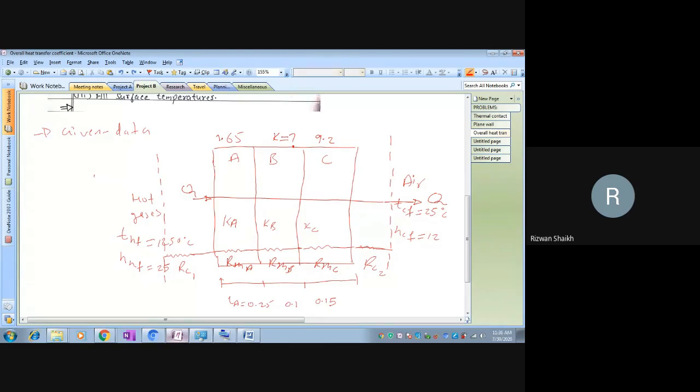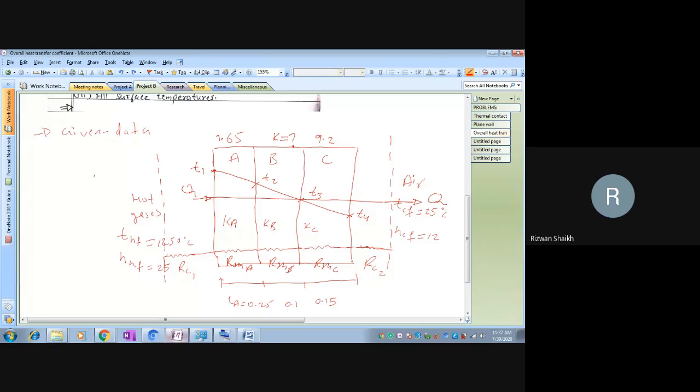If I consider the surface temperatures, I can take them as T1, T2, T3, T4. So you can put it here as T1 and here as T2, and this is T3, and this is T4.